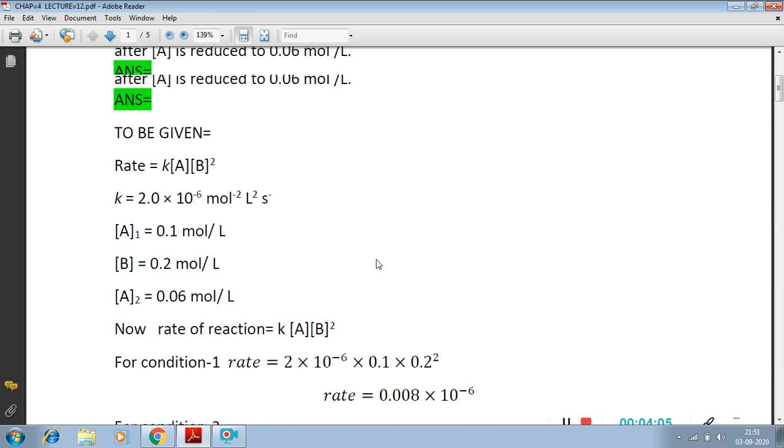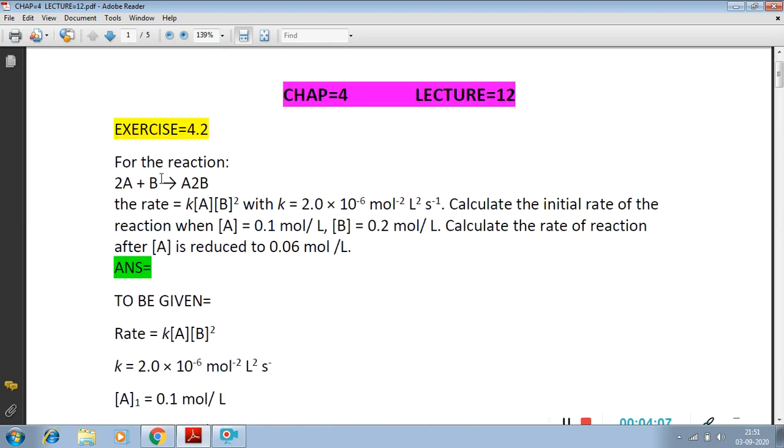Now some compound B will also be used in the reaction. How much will be used? From the reaction you can see that when two molecules of A react with one molecule of B, then we get our product.